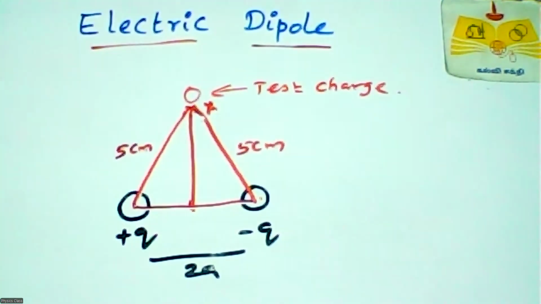The magnitude of the electric field at C due to plus q and minus q are the same because C, or X, is equidistant from plus q and minus q.